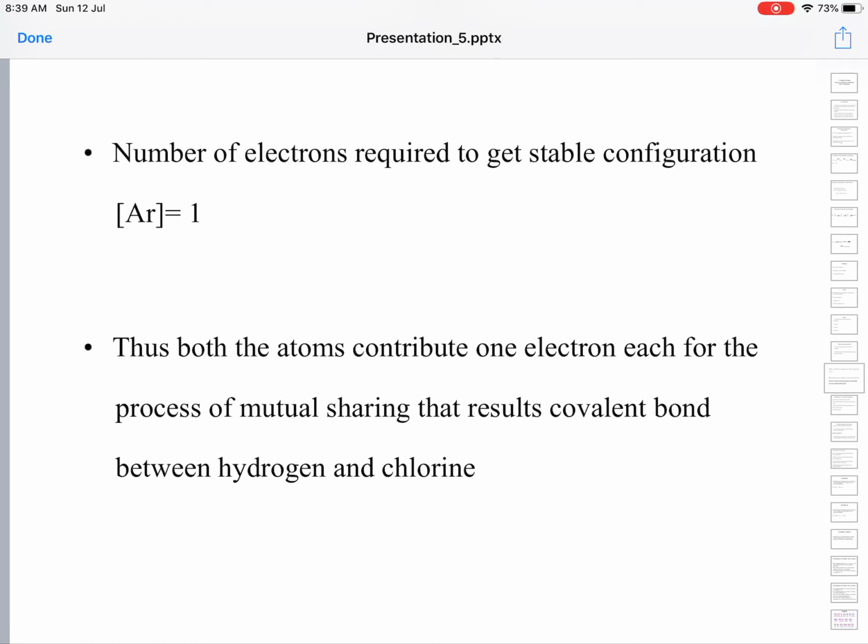Hydrogen needs 1 electron and chlorine also needs just 1 electron, so both of them will share or pair up their unpaired electrons. Both atoms contribute 1 electron each for mutual sharing, and the bonding pair of electrons is shared between them. The process of mutual sharing results in a covalent bond between hydrogen and chlorine.